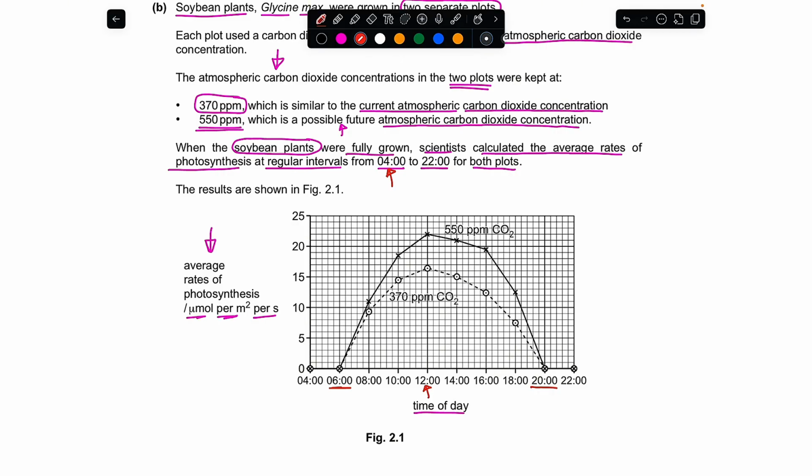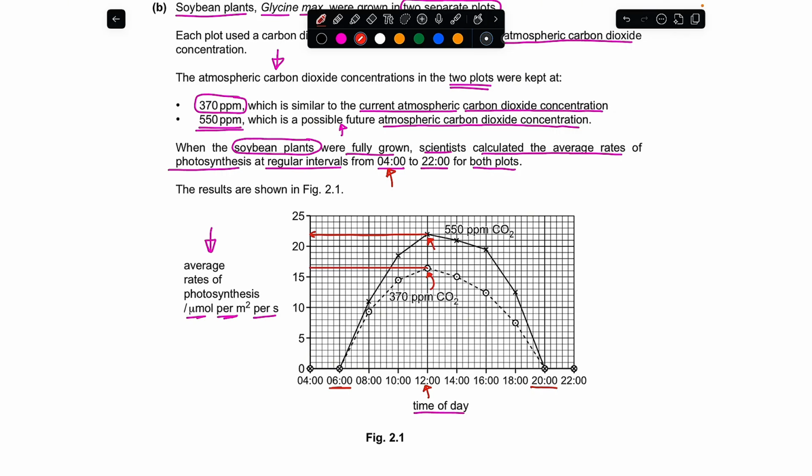This would be in excess, and that is why this is accounting for the peak rate of photosynthesis for this and this. And in the description of this point, we are required to quote that at 12 p.m. the maximum rate of photosynthesis is 22 micromole per meter square, and for 370, this is nearly 15.5. So this was the description and explanation for this.